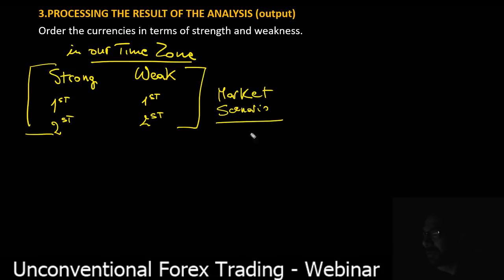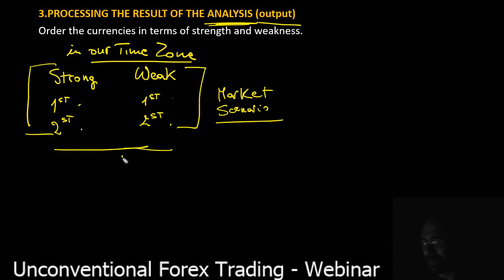Market scenario. So 28 charts of currency pairs are leading me to a first and a second strong, a first and a second weak. And this is it. This is the output of my analysis. I need to have an input, the chart, an analysis, and an output.